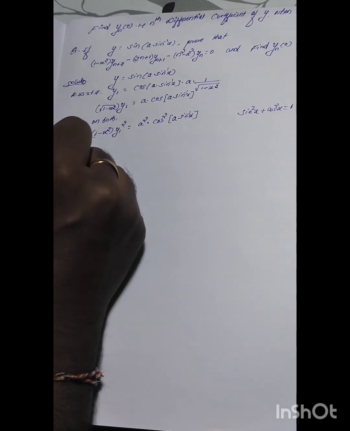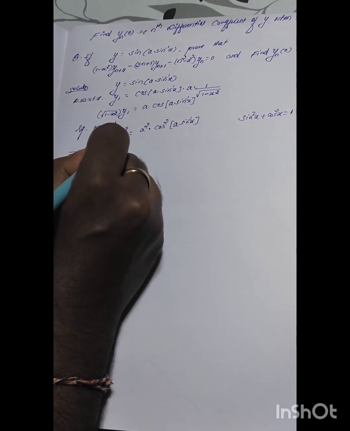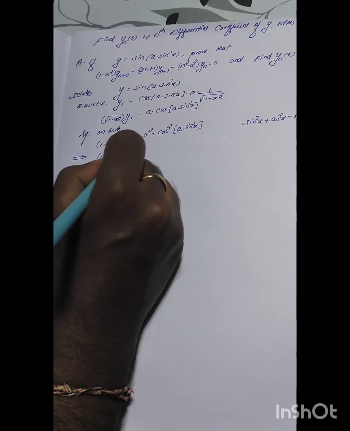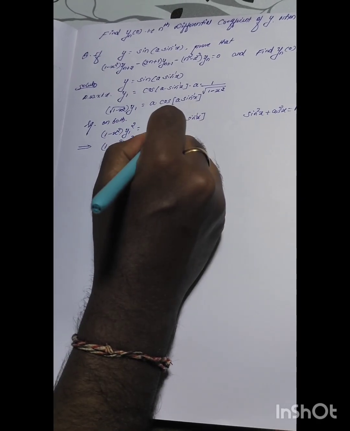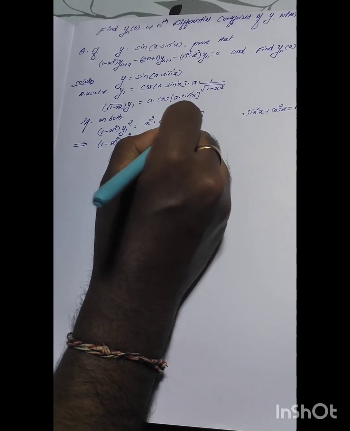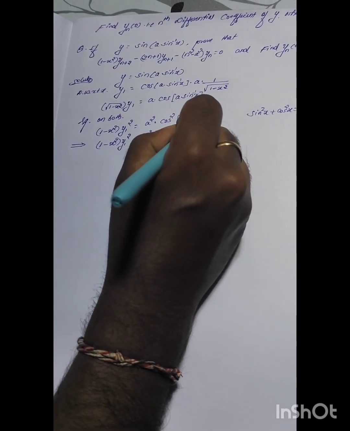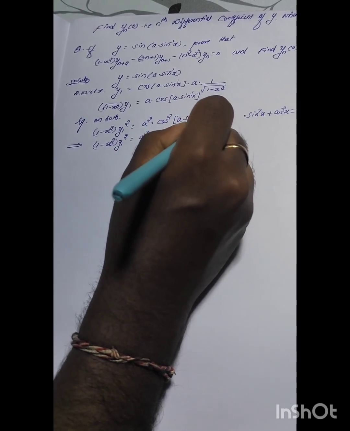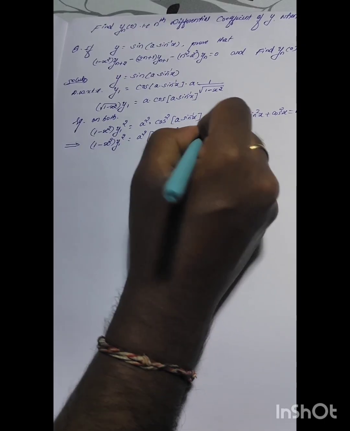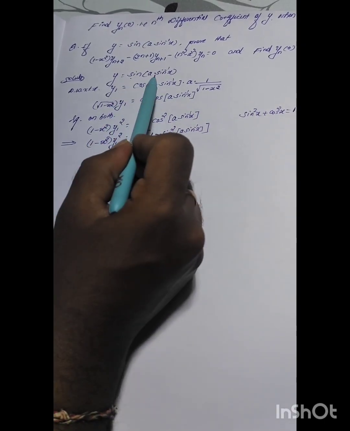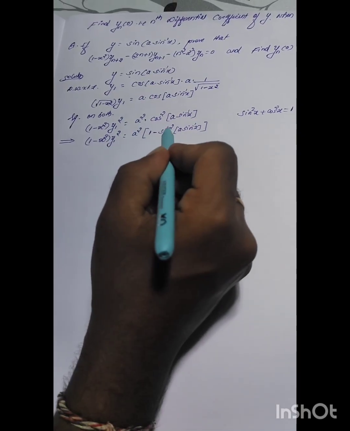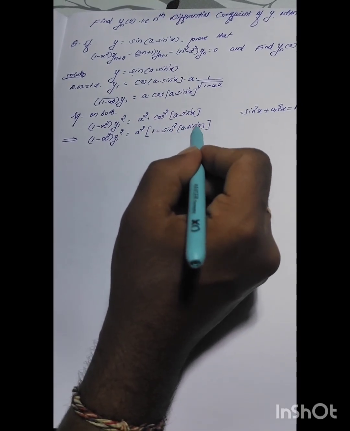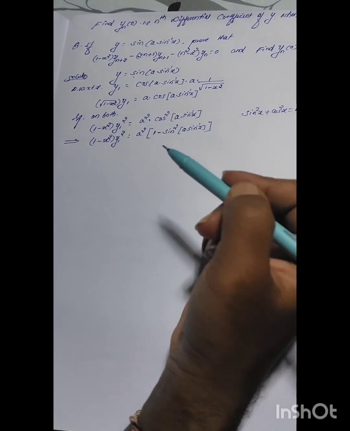So 1 minus x square into y1 square will be equal to a square into 1 minus sine square of a sine inverse x. Why? Because I have sine of a sine inverse x as y, so it will be easy to substitute it as y square, and further simplification will be easy.